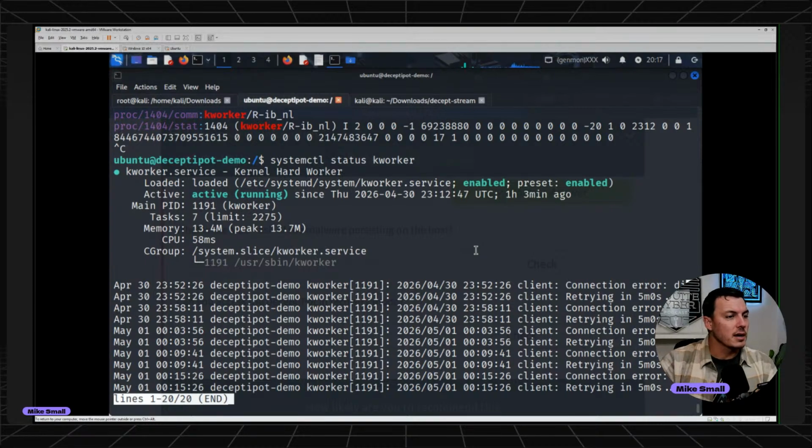We should see that now. Look at this. So loaded /etc/systemd/system/kworker.service. Interesting. And then right here we see /usr/sbin/kworker. So this is where the actual binary lives.